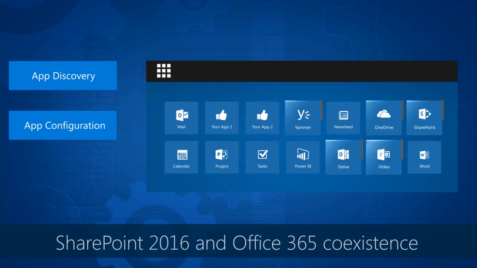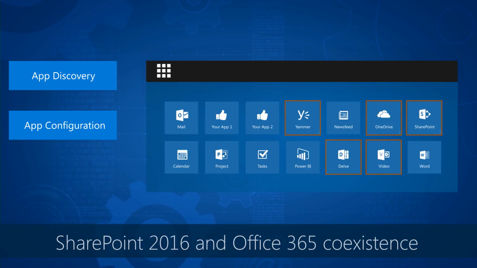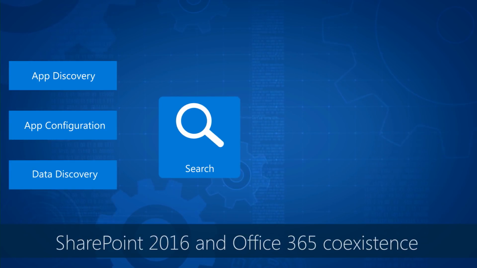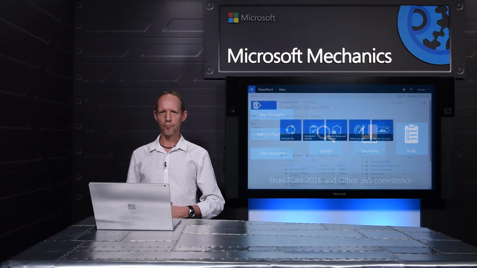The second is Office 365 app configuration, where you configure Office apps with SharePoint Server 2016. And the third is data discovery, which allows you to integrate search and taxonomy and auditing between Office 365 and SharePoint on-premises.